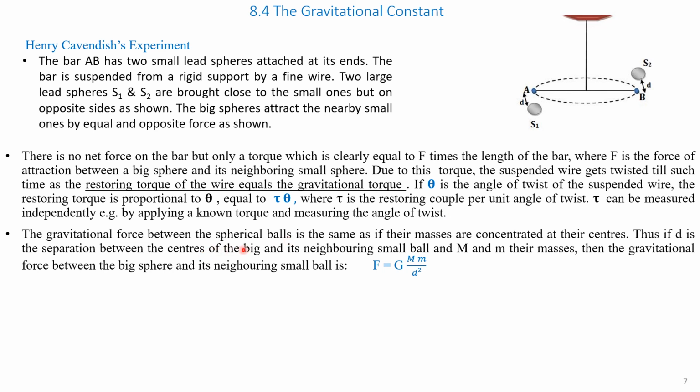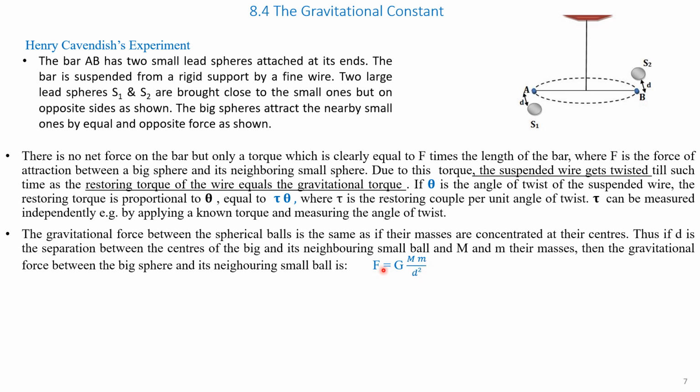The gravitational force between spherical balls is the same as if their masses are concentrated at their centers. Thus, if d is the separation between the centers of the big and neighboring small ball, and capital M and small m their masses, the gravitational force between the big sphere and its neighboring small sphere is given by F is equal to capital G into capital M into small m divided by d square.